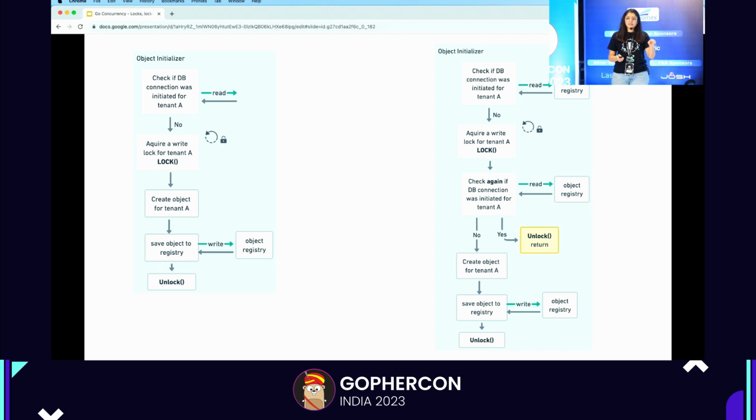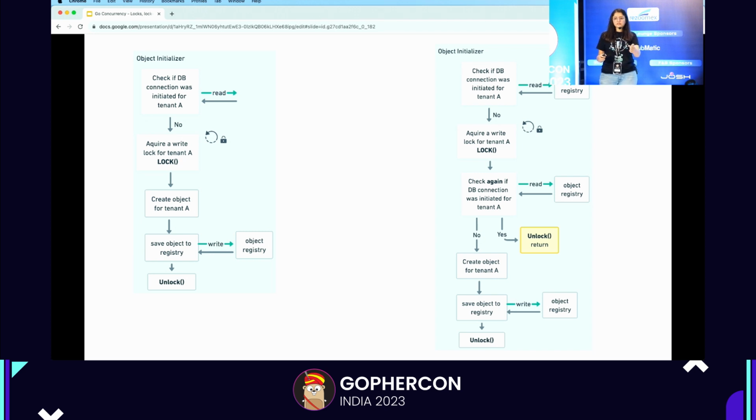So he checks again, is this already done? And this makes sense, right? If there was a thread holding a lock before you for the same purpose, you are sharing a lock because you are doing the same work. So it is possible that the thread before you who was holding the lock has already done the work for you. This is a classic mistake which everyone misses: you don't recheck.